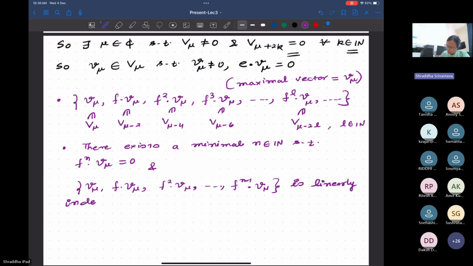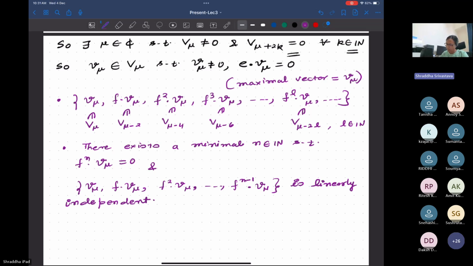Because of minimality we know none of them are zero, but why linearly independent? Yes, exactly. Each of these vectors corresponds to distinct eigenvalues, so we know this result from linear algebra: they are linearly independent.